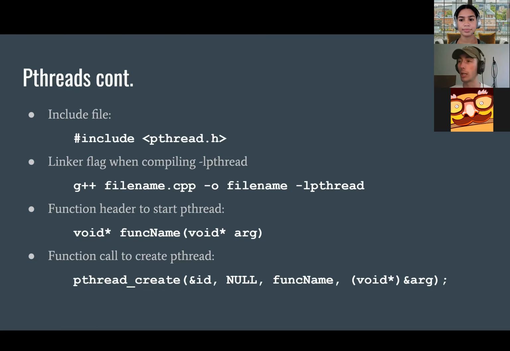Now, all pointers are just addresses in memory, but the type that is associated with any given pointer, an integer pointer or something like that, tells the computer what to do with certain operations. We don't have that with a void star, but pthreads are perfectly fine with this, so we don't have to worry about it.